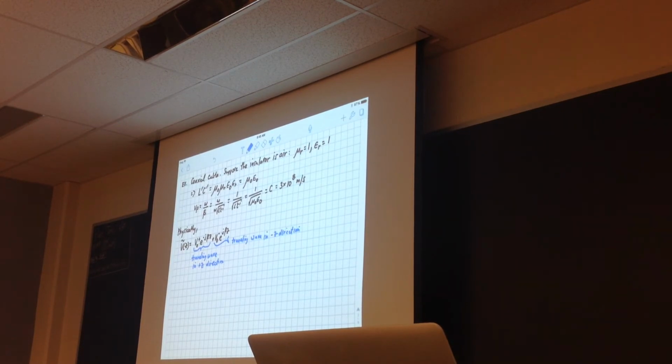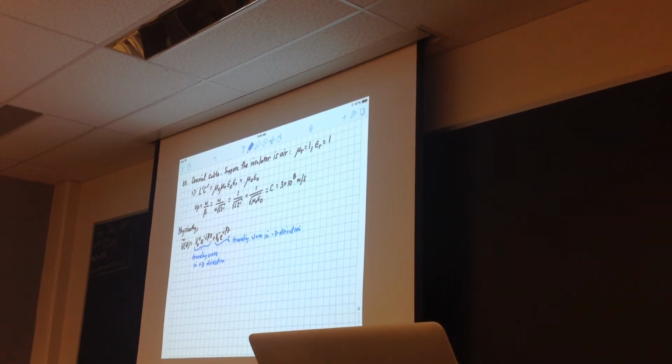Let's say that the amplitudes are the same. Two waves moving in opposite directions with the same amplitude. What kind of wave is that? Standing wave. Yeah. So two traveling waves, one moving in the plus z direction, another moving in the minus z direction, will add constructively and destructively, and the result will be a standing wave.